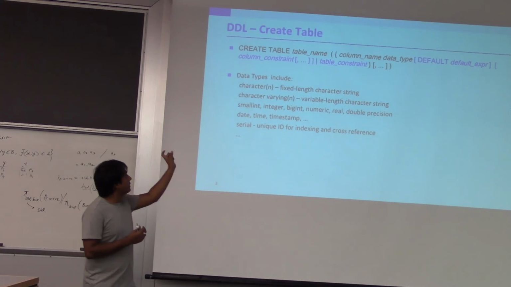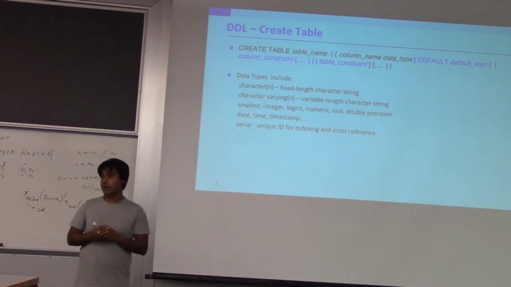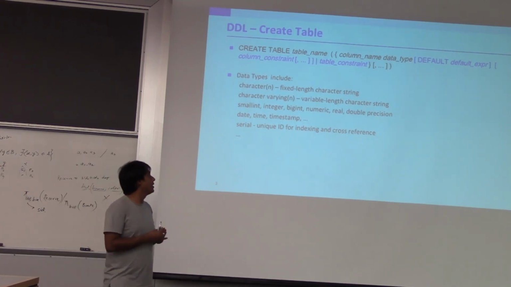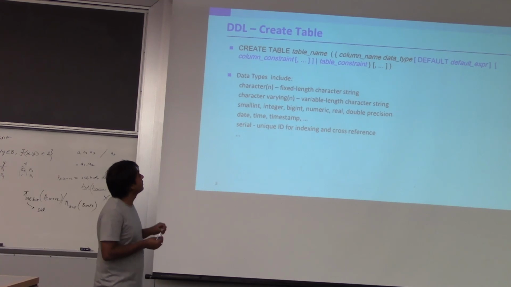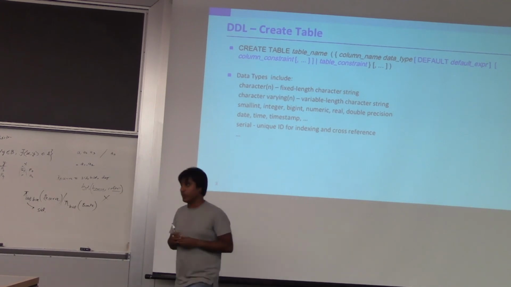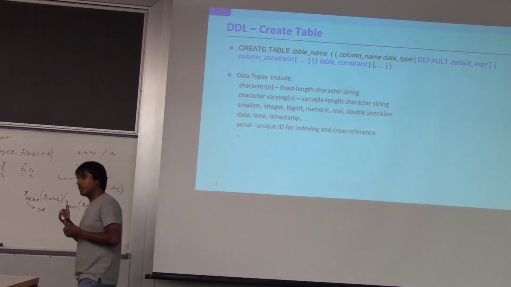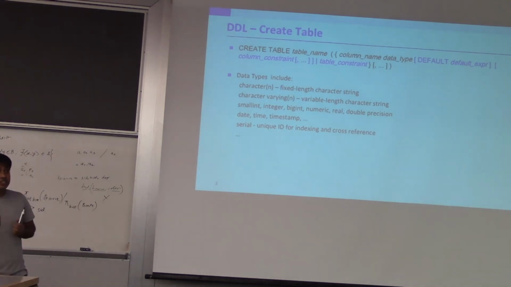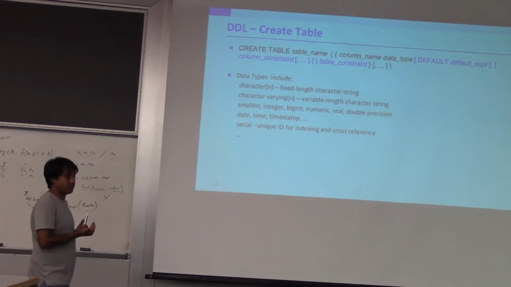Okay. Then this table name, you can specify your table name. That is there in the small letter format. Then there comes this first parenthesis, where you specify all the column names, column constraints, and the table constraints.